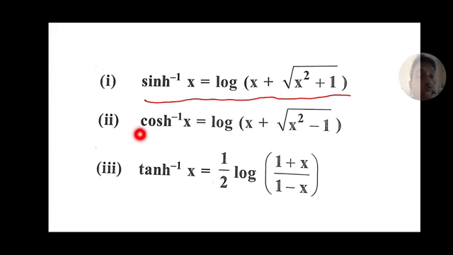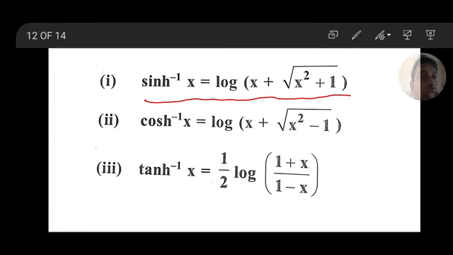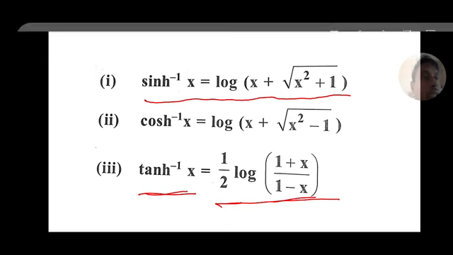Third, tanh inverse x equals 1 by 2 into log of 1 plus x by 1 minus x.